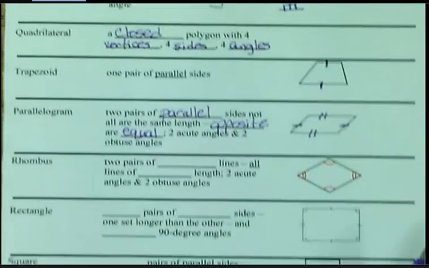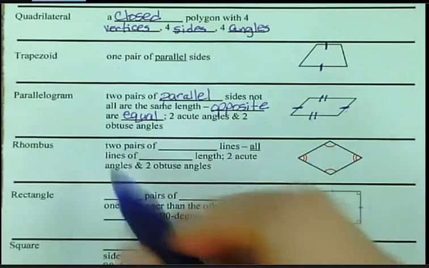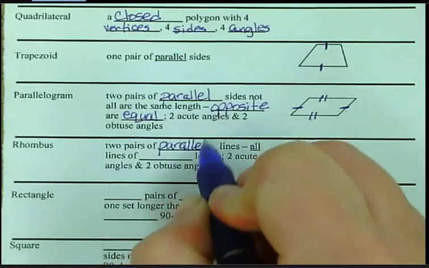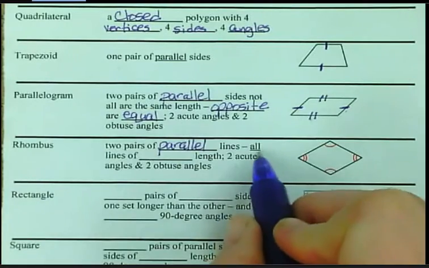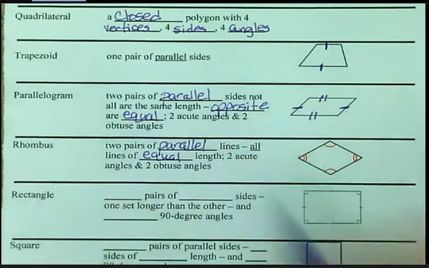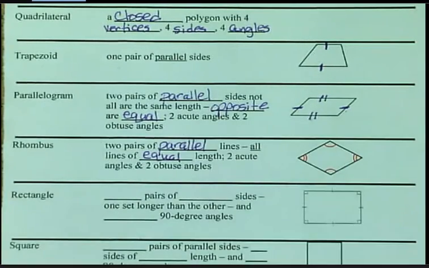Now, what do you call it when you have two pair of parallel lines and they are all the same length? Well, look at this. It's called a rhombus. Two pairs of parallel lines. All lines of equal length. So if I whipped out my ruler, these four lines would be exactly the same length.